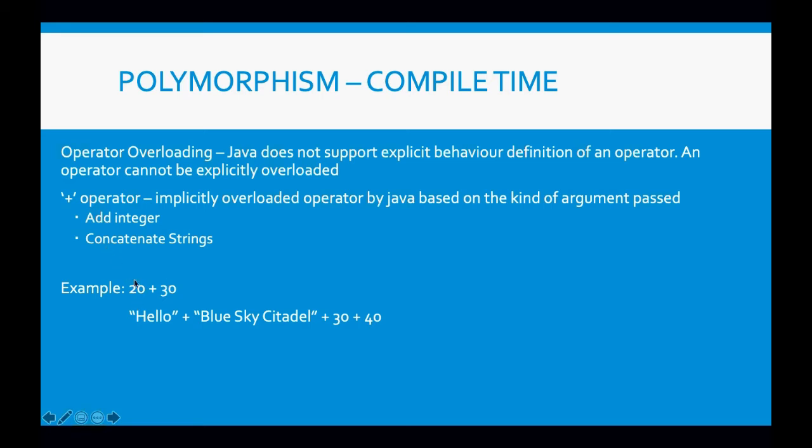We'll do some examples soon, but if I say 20 plus 30, it would print out 50 because Java identifies these 2 numbers as integers. It doesn't identify them as strings. But if I print out this, we'll see that it gives us a different output. So we'll first print out this 20 plus 30 and see how the plus operator is used.